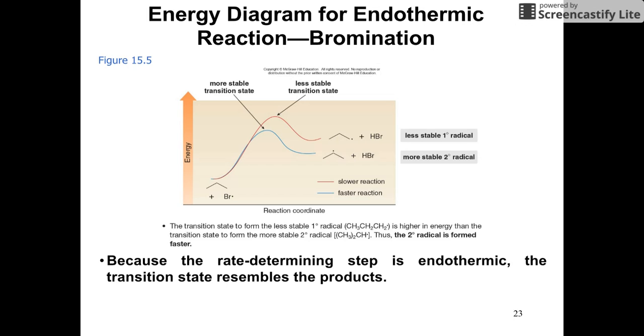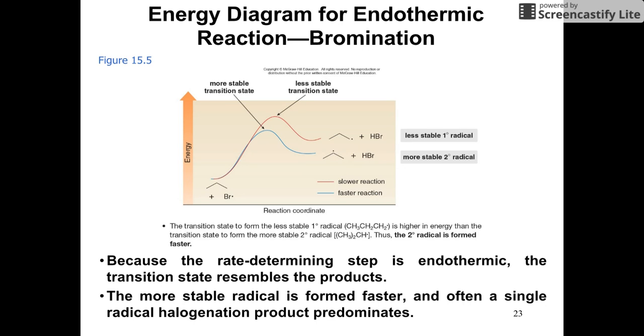And the reason for that is because the rate determining step, the slow step, this radical formation step, is endothermic. Therefore, the transition states are going to resemble the products. Okay, and that's going to cause far more secondary radicals to form, and therefore a much greater propensity for secondary halogenation to take place. And so that is why that product predominates.